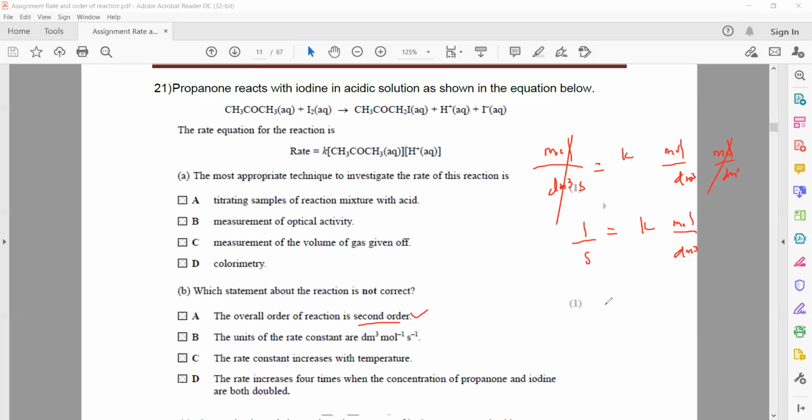Dm cube is divided, other side multiplied, and mole is multiplied, other side will divide, and second. So it will be dm cube, mole inverse, second inverse. That's also true. The rate constant increases with temperature. That's also true. The rate increases 4 times when the concentration of propanol and iodine double. Oh yes, iodine is not even here. Iodine is not involved in the rate equation. That's why it is not correct.